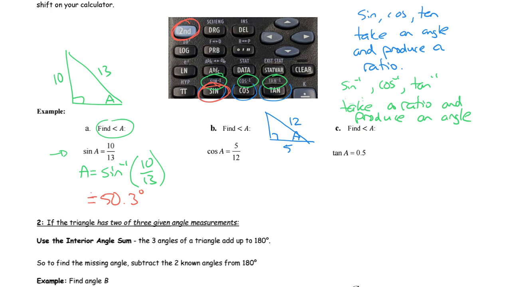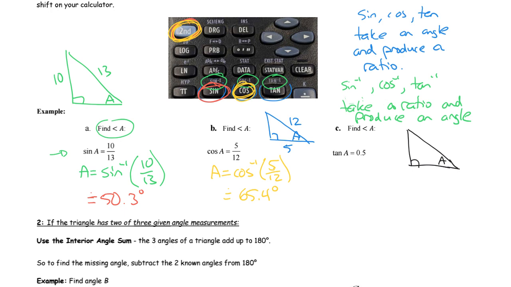So what I would do here is press second cosine to access that inverse cosine function, what we call the inverse function. And that's going to produce for me the angle given that ratio. And that's going to be approximately 65.4 degrees.